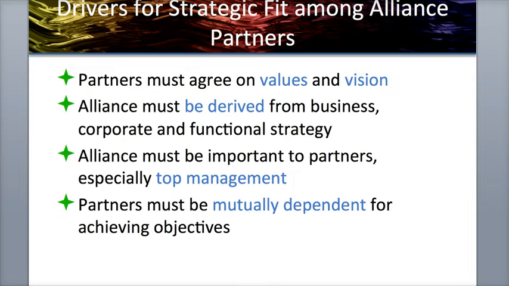So if you want to have a strategic fit, sometimes you need an alliance with partners. And so your partners have to come together with the right values and vision of what you're trying to do. And the alliances have to have the businesses aligned as well, and the corporate and functional strategies have to be similar.